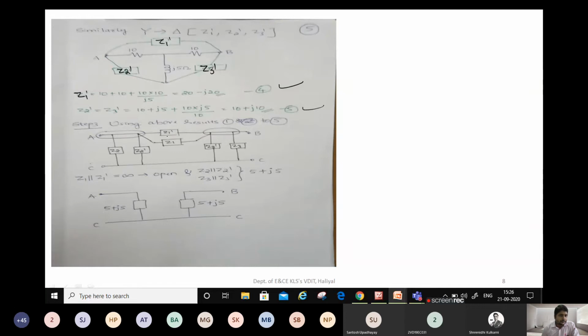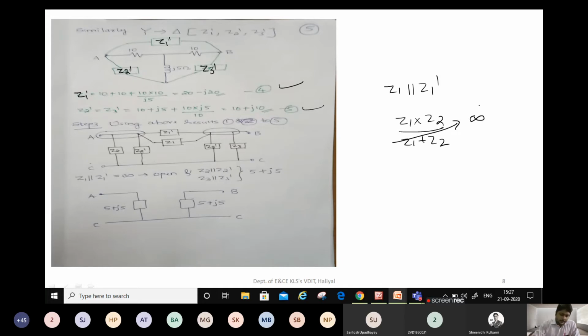So in the calculator, if you do this calculation, Z1 and Z1 prime, they are in parallel. So if you carry out Z1 into Z2 divided by Z1 plus Z2, you find that this quantity tends to infinity. Okay.